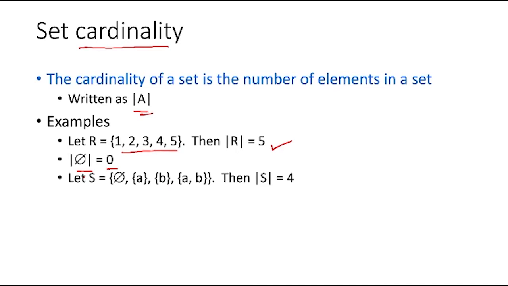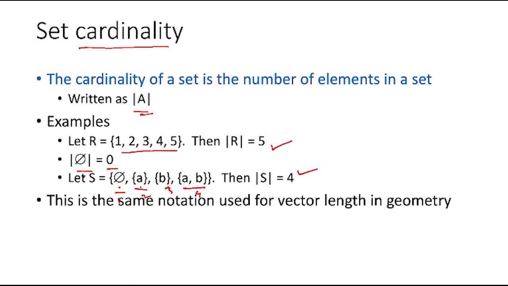In this, S is phi, A, B, and AB. Don't confuse this, right? This is number 1, 2, 3, and this complete one is 4, right? We are counting phi as one element, A as one, B as one, and AB as one. So the total number of elements, or cardinality, of this will be 4, right?